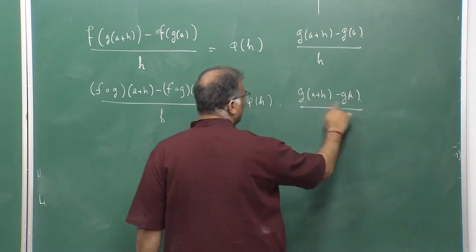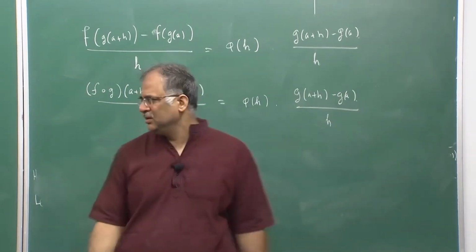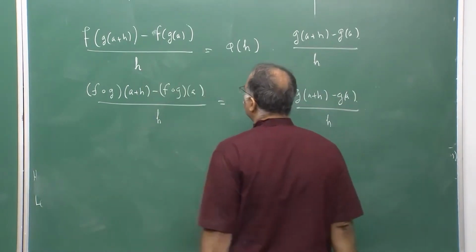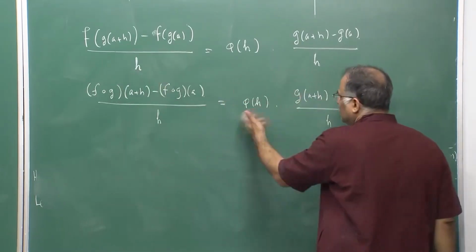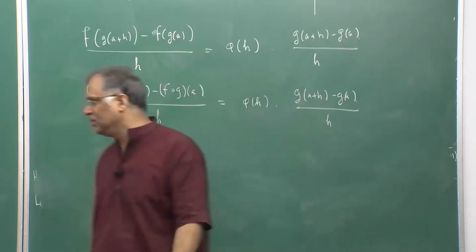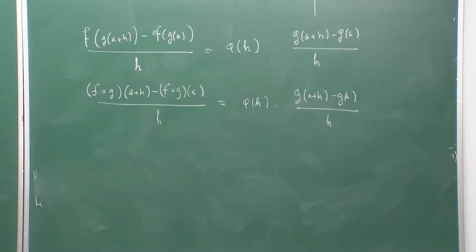Here, if g(a+h) equals g(a), it does not matter, because then this is 0 and that is 0 on both sides, so it holds. Now you see why phi(h) tending to the limit was crucial.